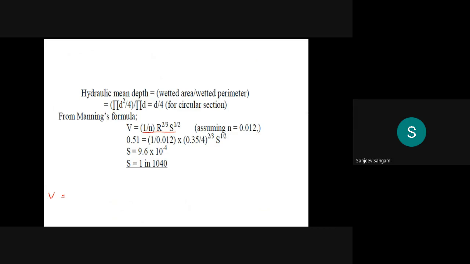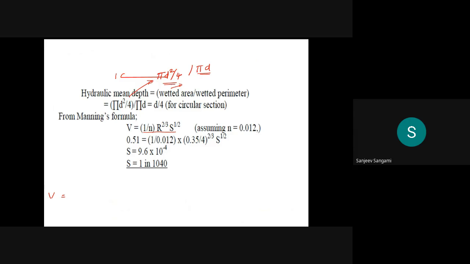If you want to calculate the hydraulic mean depth, you have to use this formula: wetted area by wetted perimeter. Wetted area for circular sections can be calculated with pi d square by 4, divided by pi d, which is the wetted perimeter.